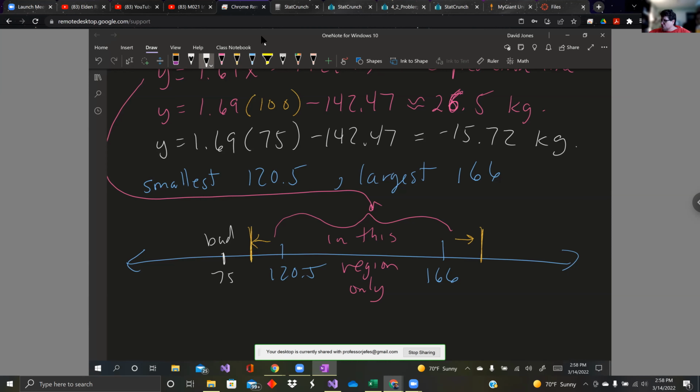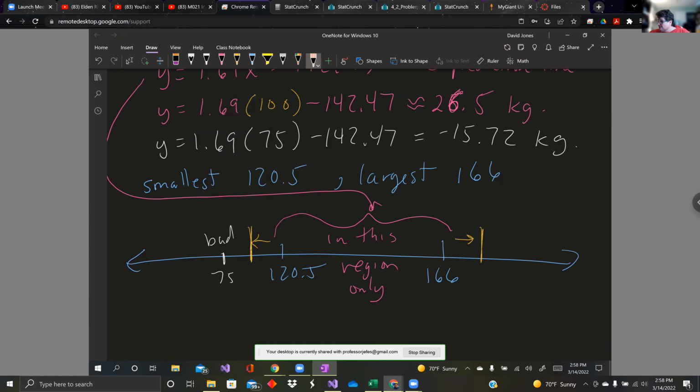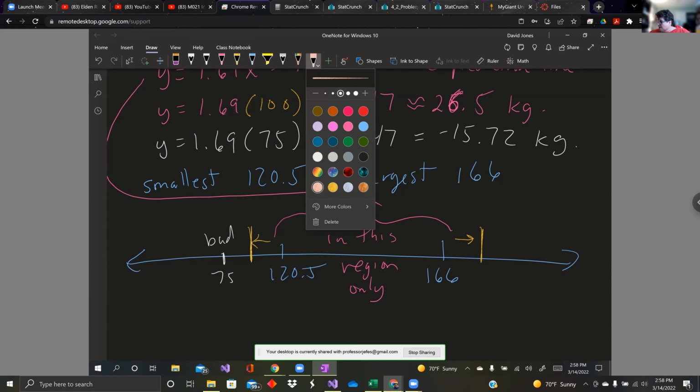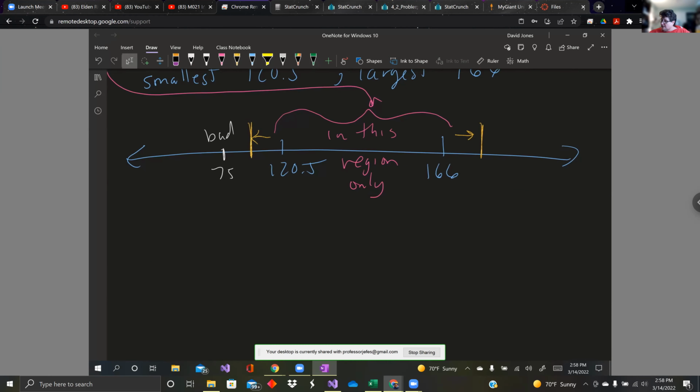Other types of questions you will see in this stuff. Ooh, what's green look like? Let's come over and change one of the other ones. I'm going to try green. Maybe I need to make it wider.